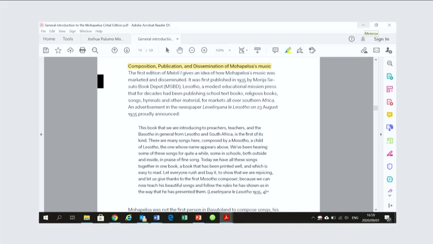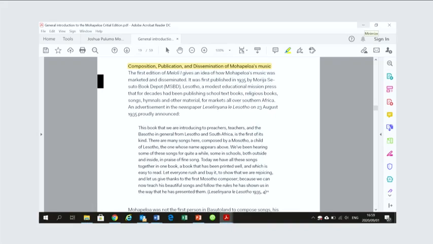Today, we have all these songs together in one book. Here we have a little bit of a history about this particular composer and why he is so important. He's very important in South Africa because he's one of the first Basotho to set music down in notation so that it can be passed from one generation to the next.